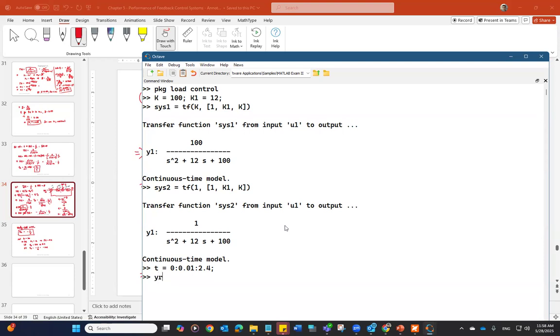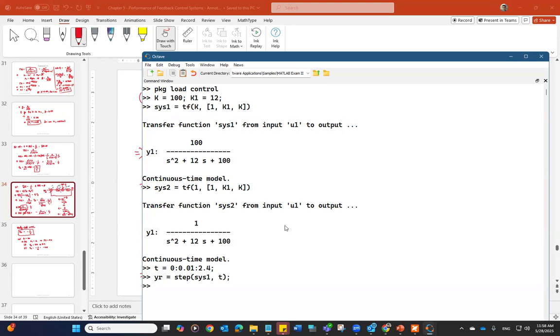So let me call it y. So y due to r is equal to the step of my system 1, and I'm going to put in the time. I'm going to calculate values against the time, so I can plot both of them over the same time in the same graph. So this is my YR.